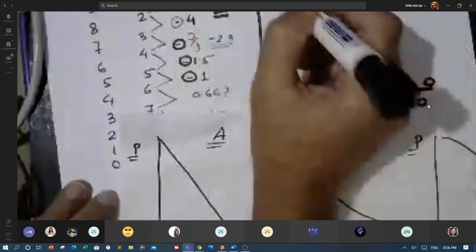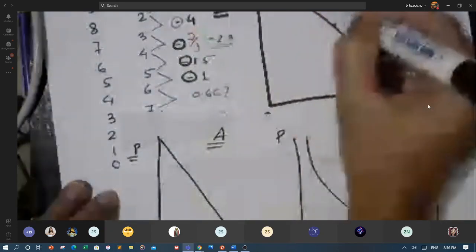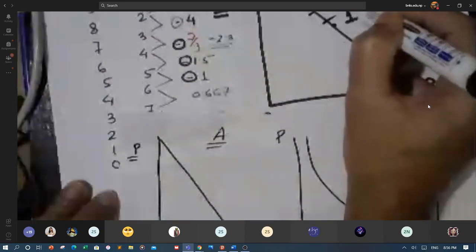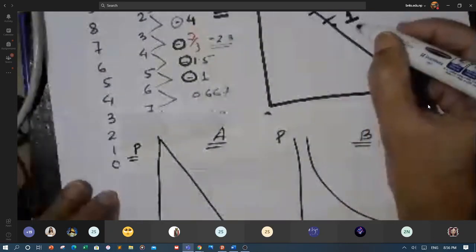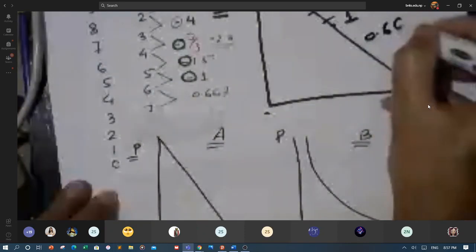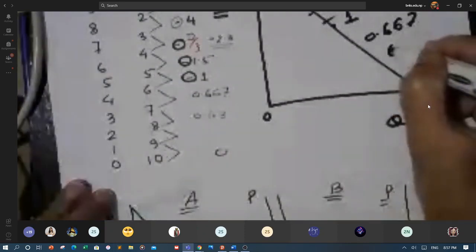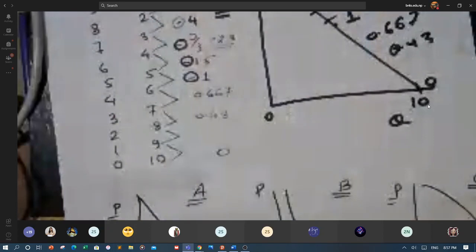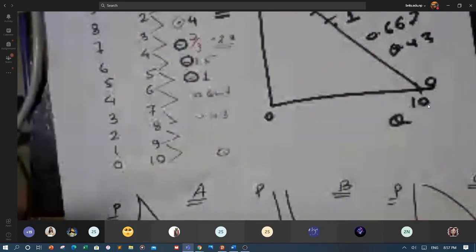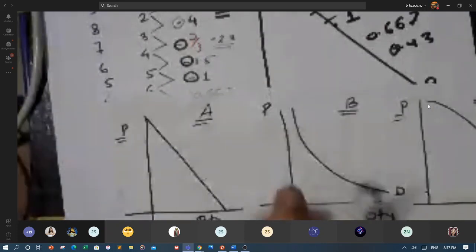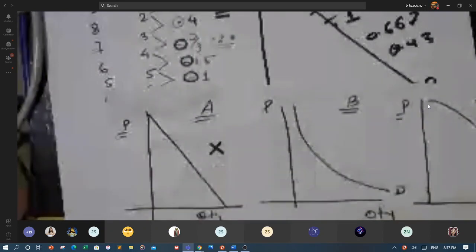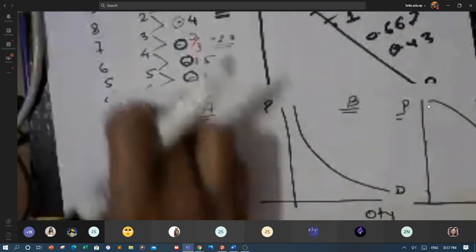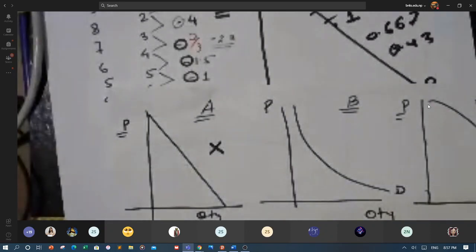It starts from infinity, -9, somewhere it will be 4, somewhere 7/3, another 1.5, and after that 0.667, after that 0.43, after that it will be 0. That means each and every point on the linear demand curve has a different price elasticity of demand. That means this figure is incorrect in the sense that it possesses all the values of the price elasticity of demand.